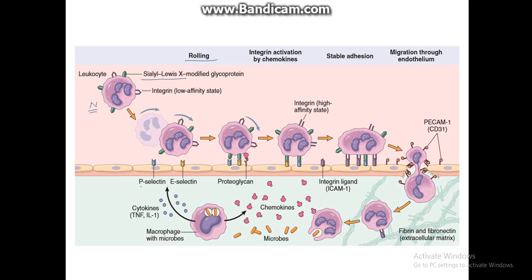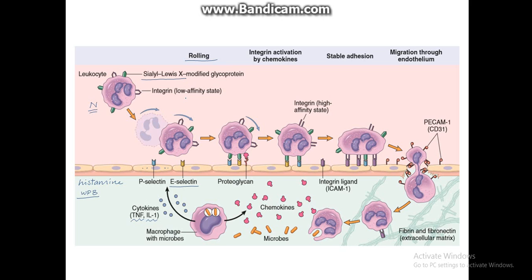Now, the P-selectin is actually upregulated by histamine, and it is made from the Weibel-Palade bodies that are found within the endothelial cells. However, the E-selectin is upregulated by tumor necrosis factor and interleukin-1, which are both products of macrophage activation.